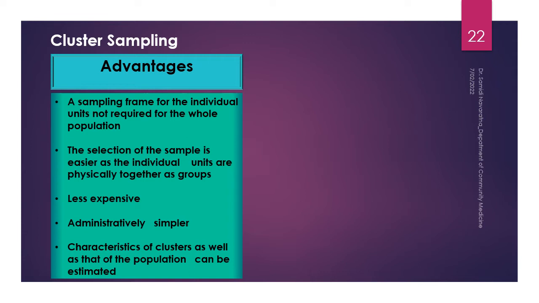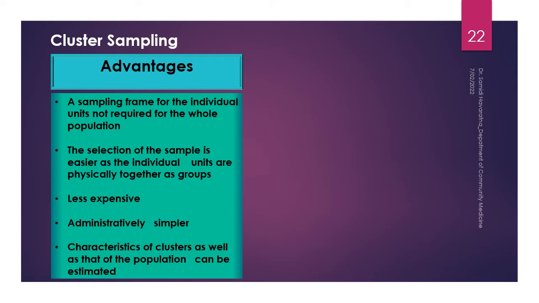You just need to go to few places where the clusters exist. Therefore it's administratively simpler, and in turn it's less expensive because of this reason. And additionally, characteristics of clusters as well as that of the whole population can be estimated.